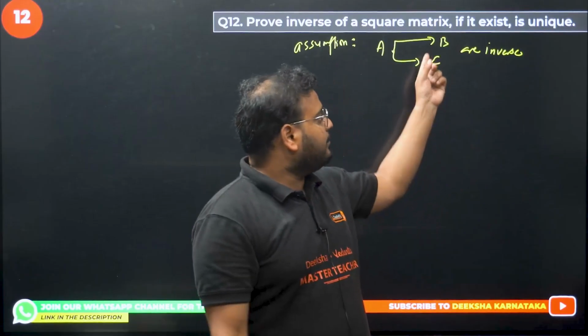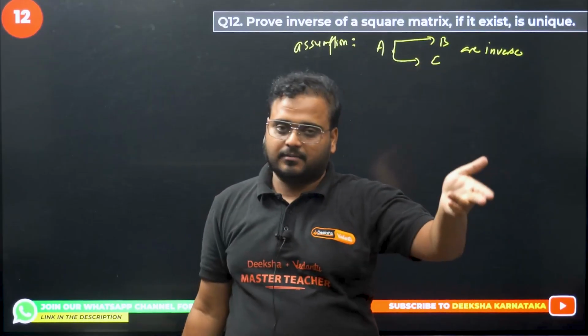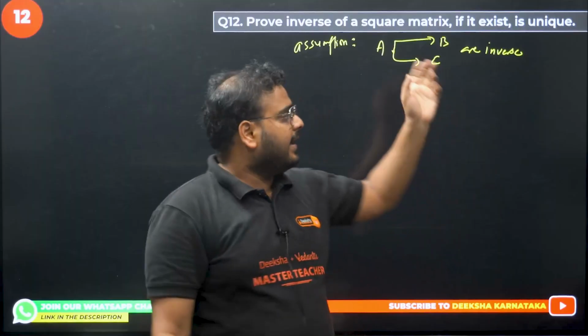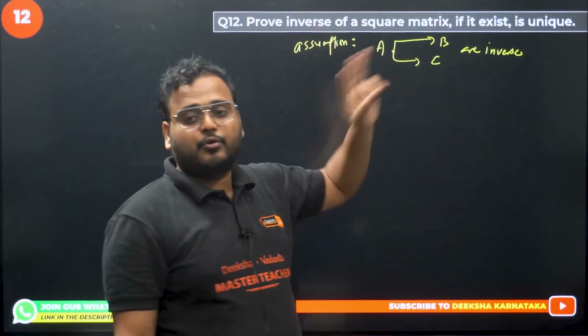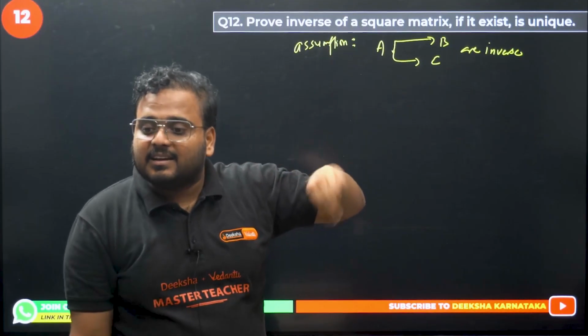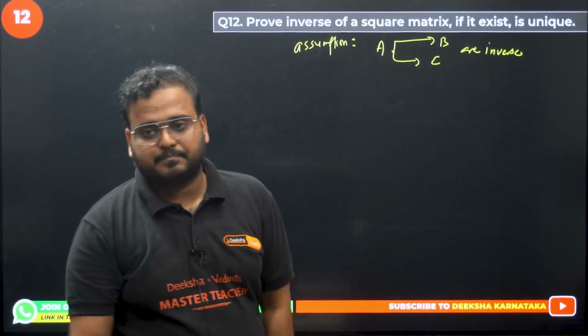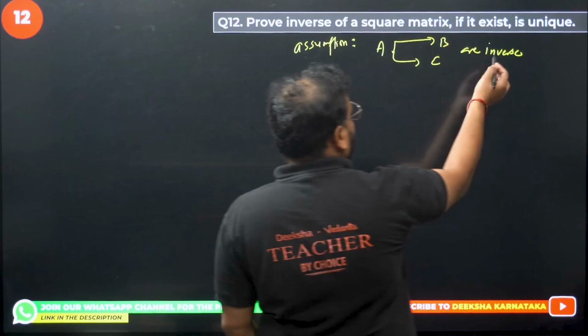So we're going to prove that B and C are not two different matrices, they're the same matrix, hence unique. I hope you got it. Starting from the assumption that A has two inverses B and C, later we'll prove that they are actually the same. Okay, how do you define inverse?